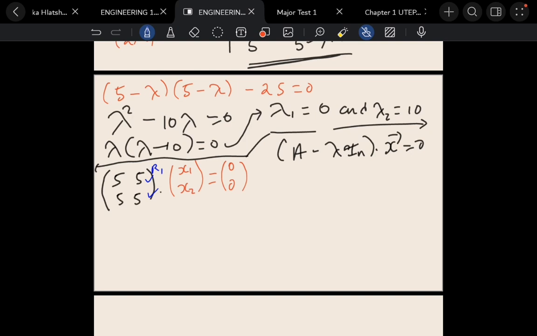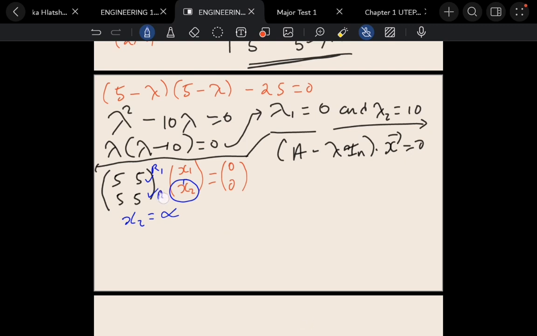So because the second row is depending on the first row, I am going to let this last entry x2 be alpha. We have two equations which are the same, and they give us the same answer, and we are expected to solve these two equations to give us x1 and x2.